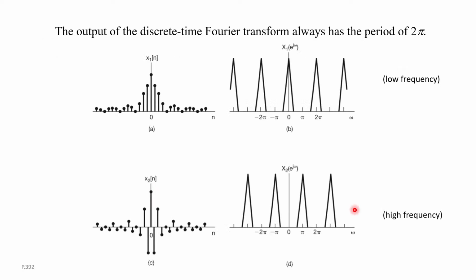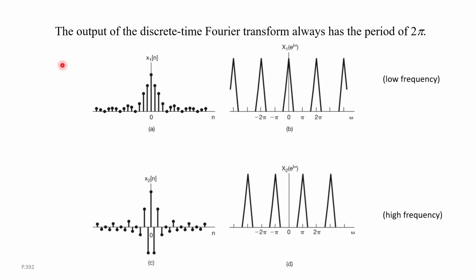Since the spectrum is periodic with period 2 pi, the high frequencies are those around pi and minus pi, the odd multiples of pi. Low frequencies are those around 0, 2 pi, or minus 2 pi, the multiples of 2 pi.